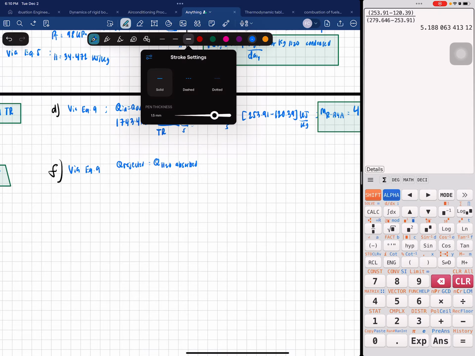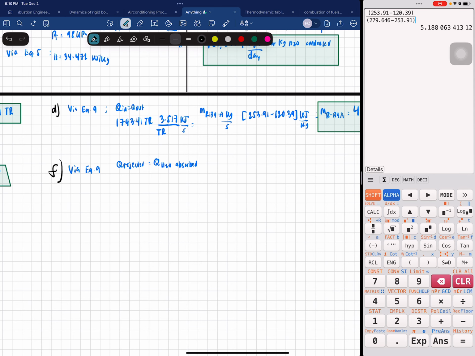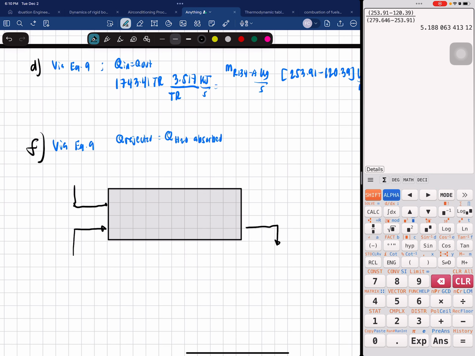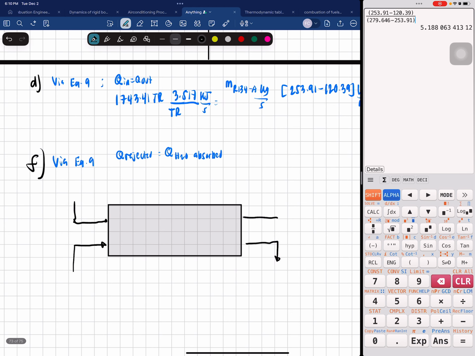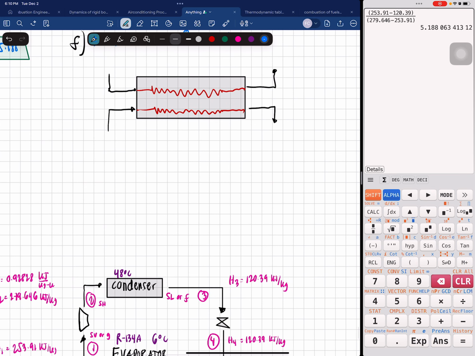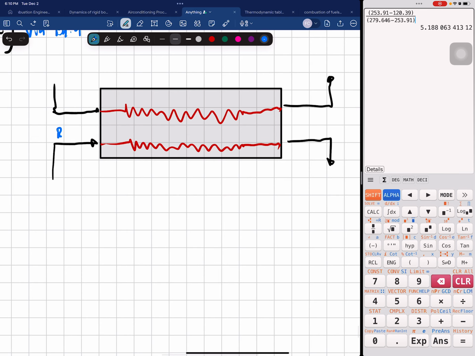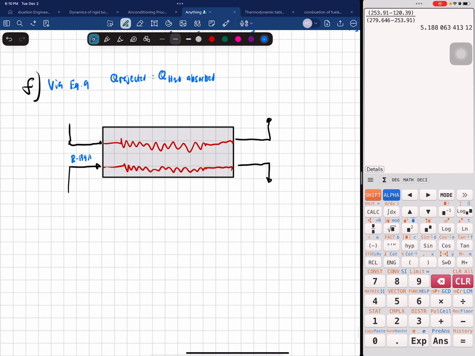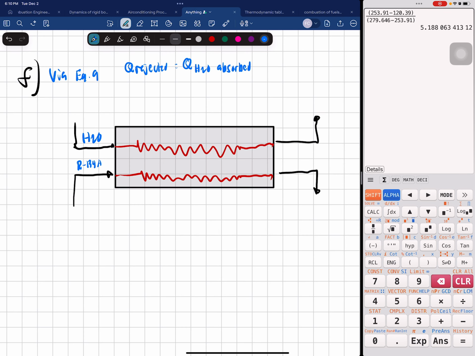Say this is your condenser, this is your R134A, and this is your water.